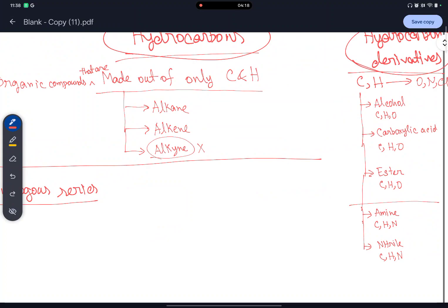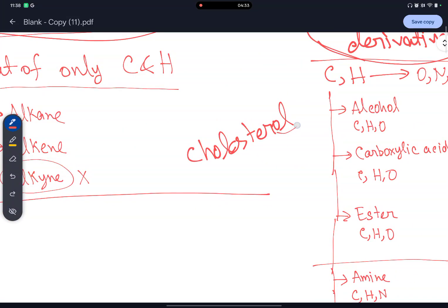It has something like 20,000 compounds. For example, in your body, there is cholesterol. Now, can you see that cholesterol ends with ol? That means it is part of the alcohol group.